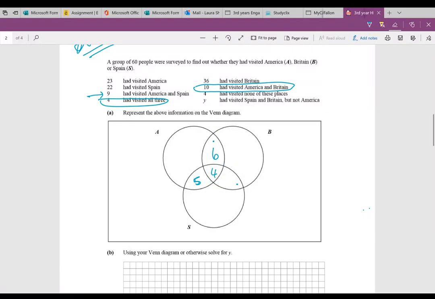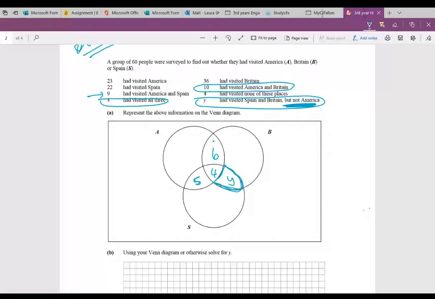I'm then told that Y had visited Spain and Britain, but not America. Because it says but not America, that means it doesn't include that middle section. So that is simply just this section here for Y.